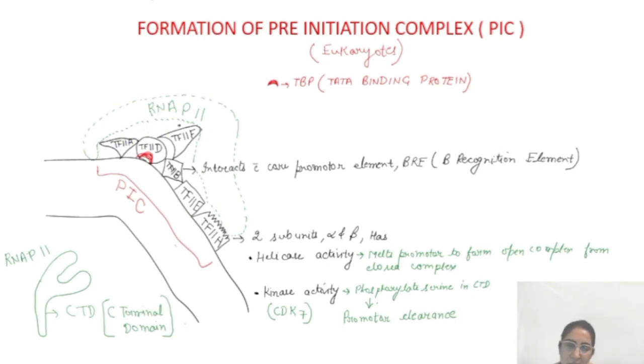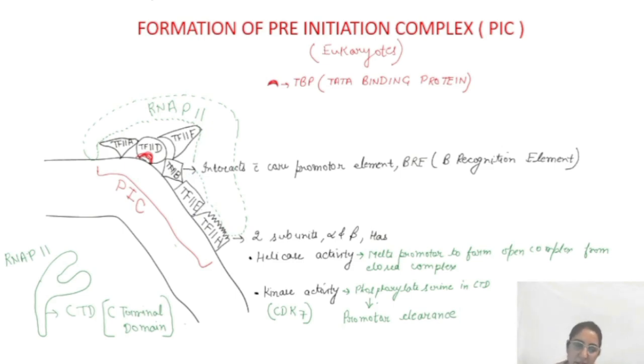So what is the importance of transcription factor 2F? Its main function is recruitment of RNA polymerase enzyme. So transcription factor 2F brings the RNA polymerase enzyme to the template site at the promoter region.